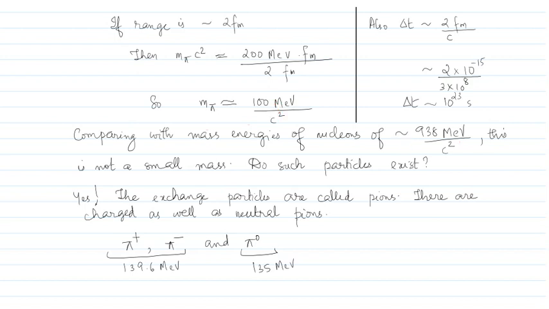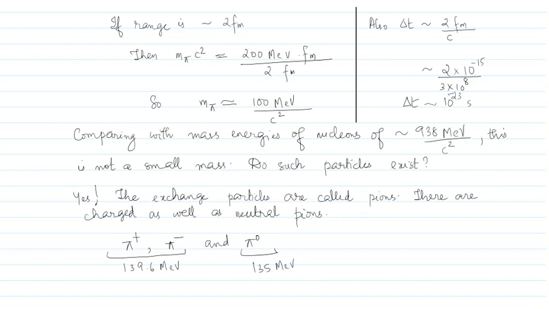And if you calculate delta T, with range 2 femtometer, 2 femtometer by c would give you the lifetime of the particle. It is 10 raised to minus 23 seconds. So it's an extremely small time scale. In that time scale, this particle exchange can happen. If you have learned your particle physics course, you will understand that the exchange particles are called pions.